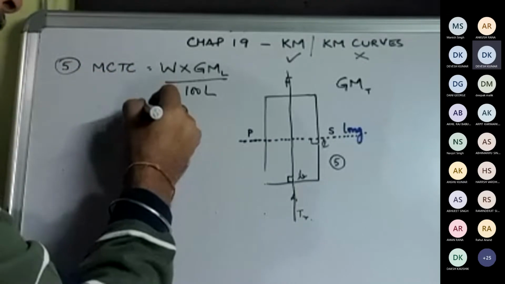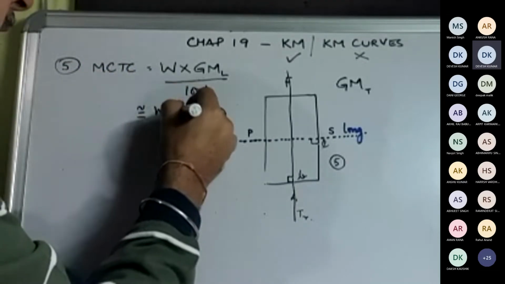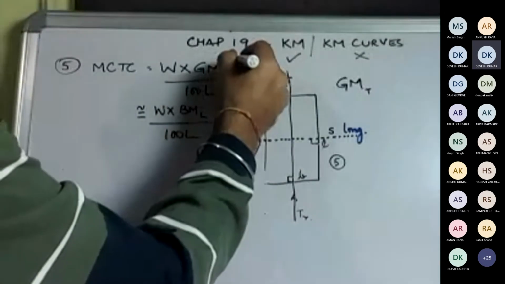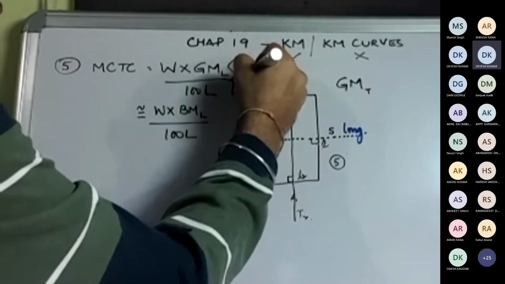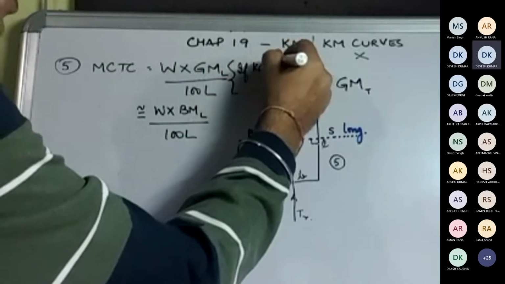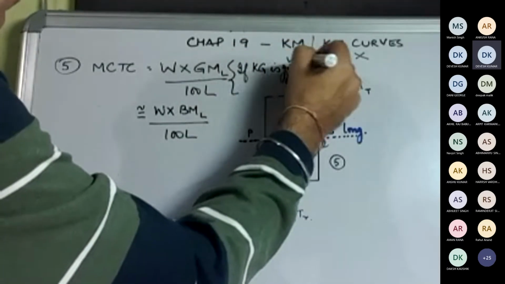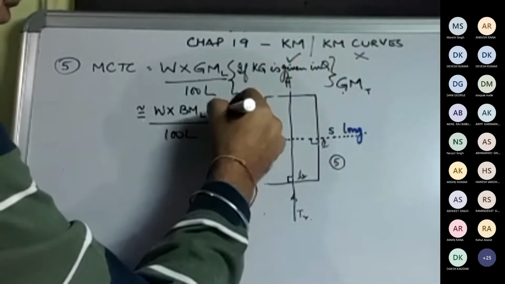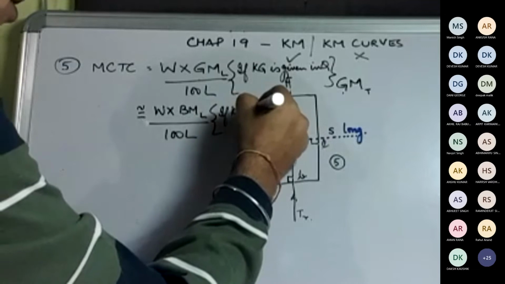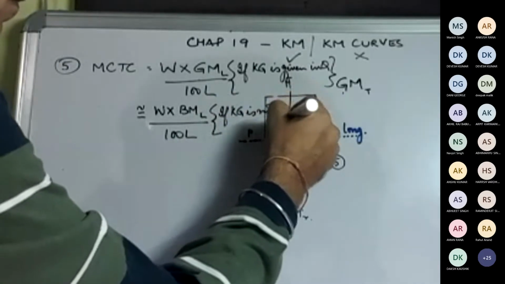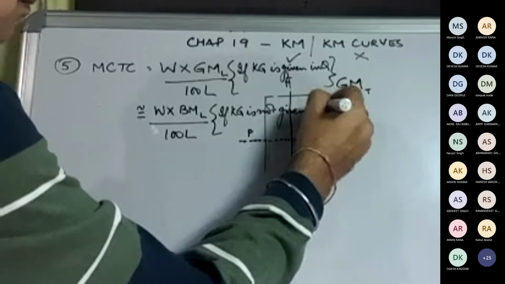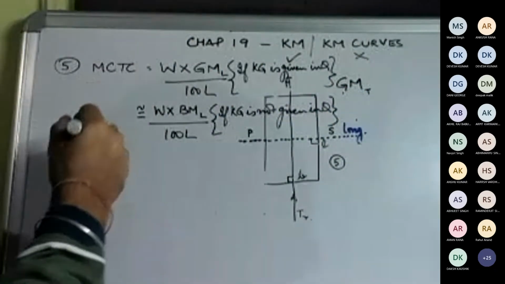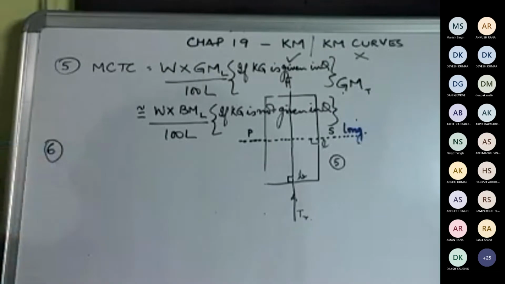And this is approximately equal to W into BML upon 100L. This formula is going to be used if KG is given in the question. This formula is going to be used if KG is not given in the question. This is a formula for MCTC.